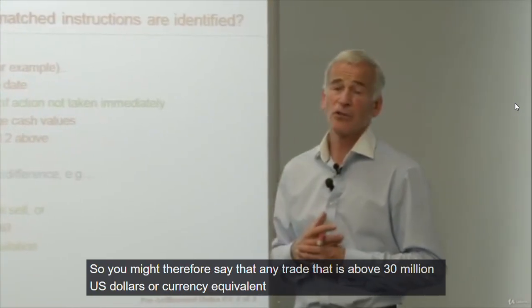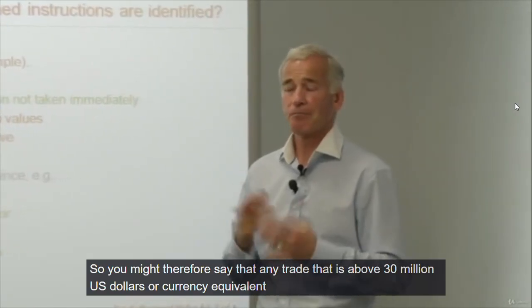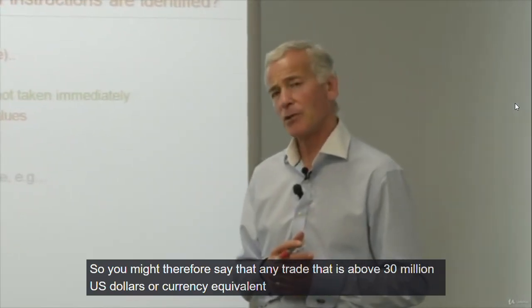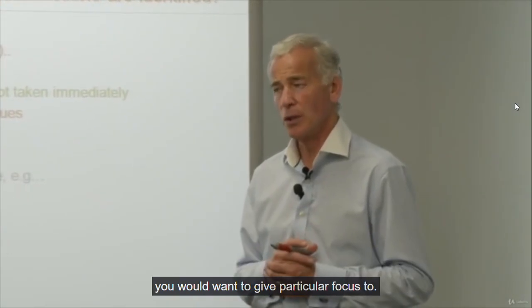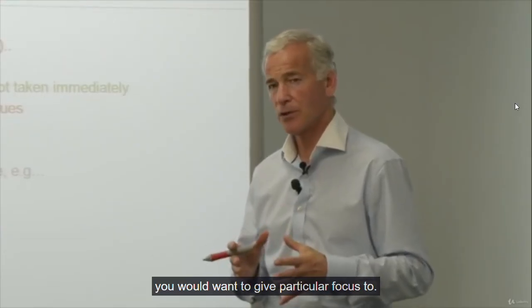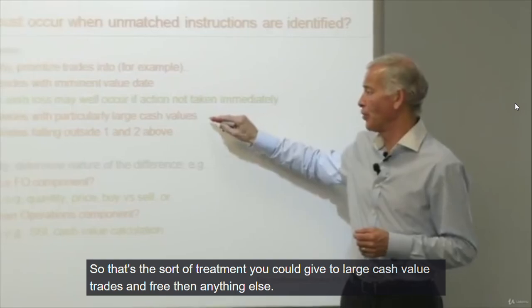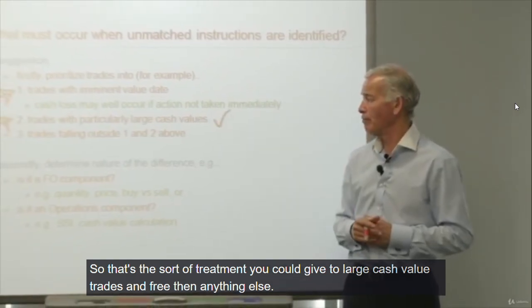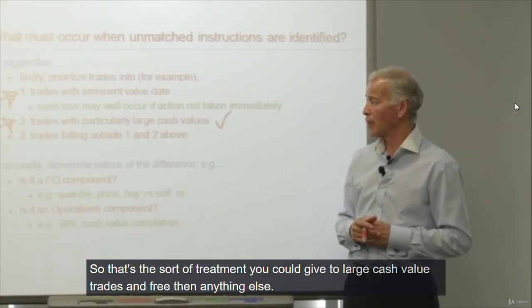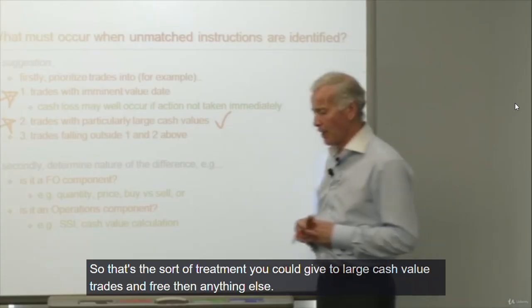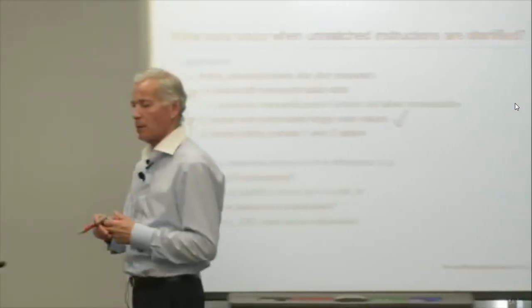So you might therefore say that any trade that is above $30 million US or currency equivalent, you would want to give particular focus to. So that's the sort of treatment you could give to large cash value trades. And three, then anything else.